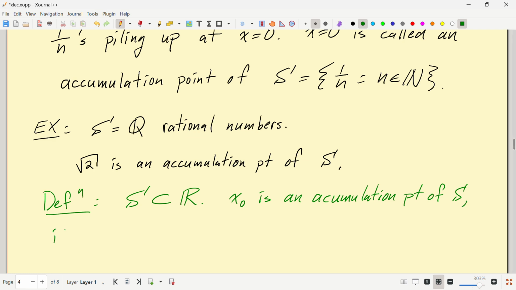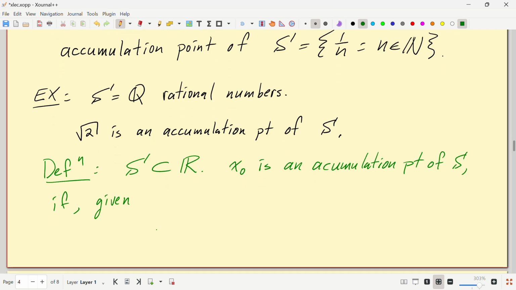If for any epsilon bigger than 0, let's see, I want to make sure I use the same word. Delta. Any delta bigger than 0, I was tempted to say epsilon.